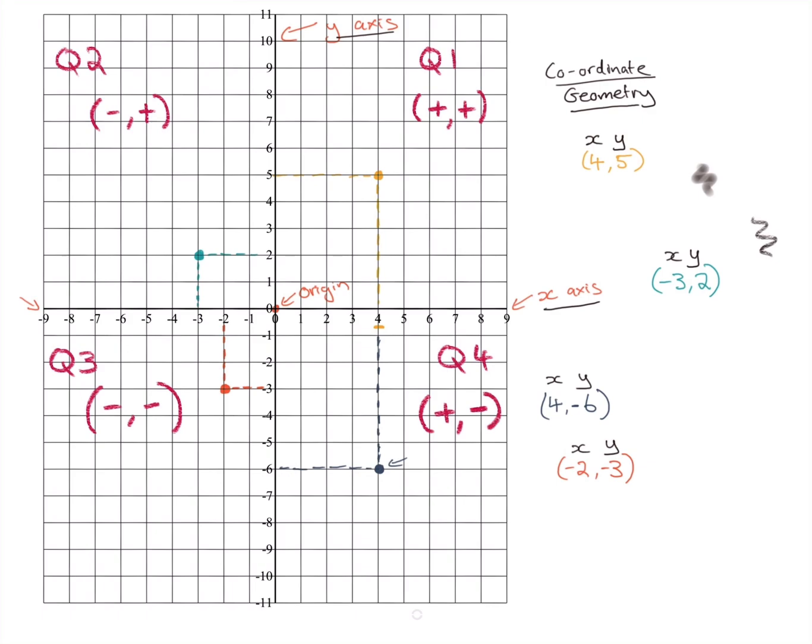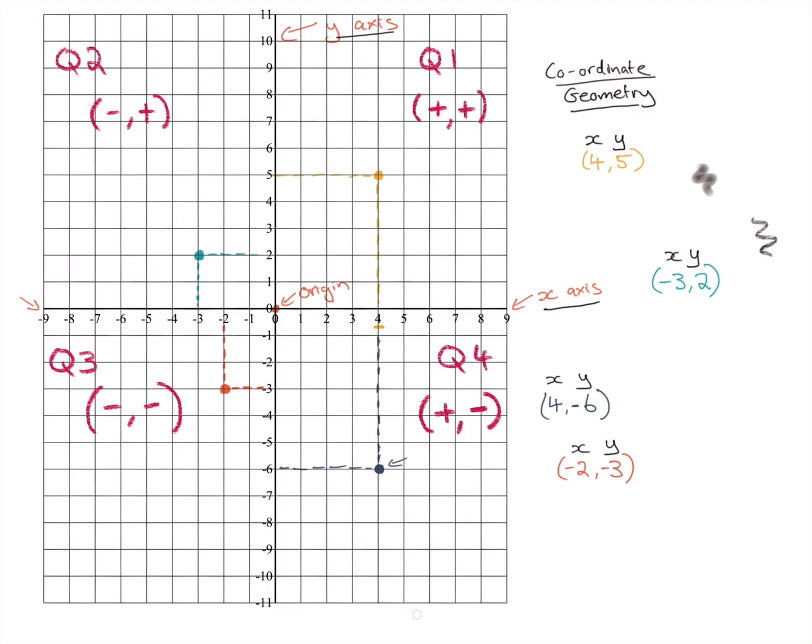Okay? So I'm going to leave a worksheet for you to do, and it's going to have an xy axis just like this, and it's going to have dots on it, and I want you to write down what the coordinates are. There's only going to be about 4 or 5, and I'll have one in each of the quadrants.